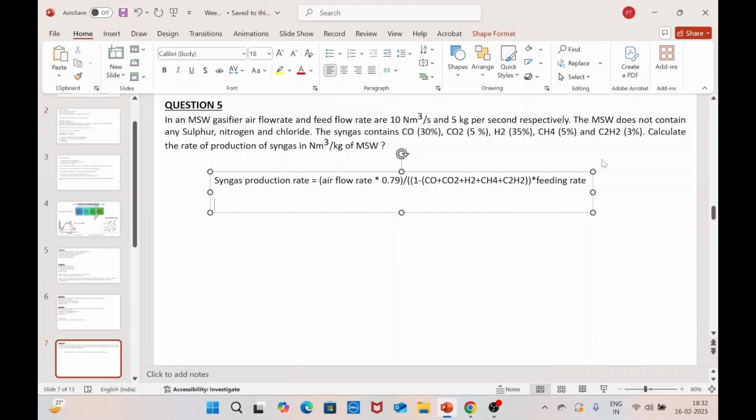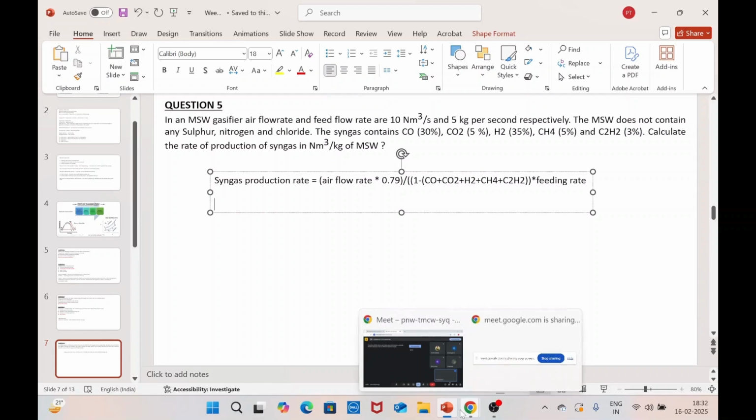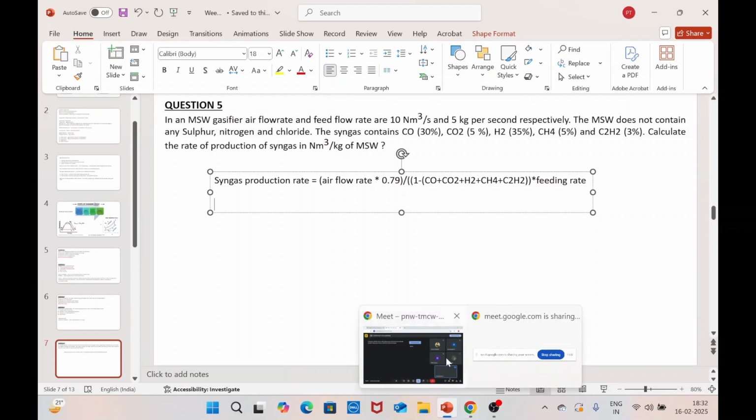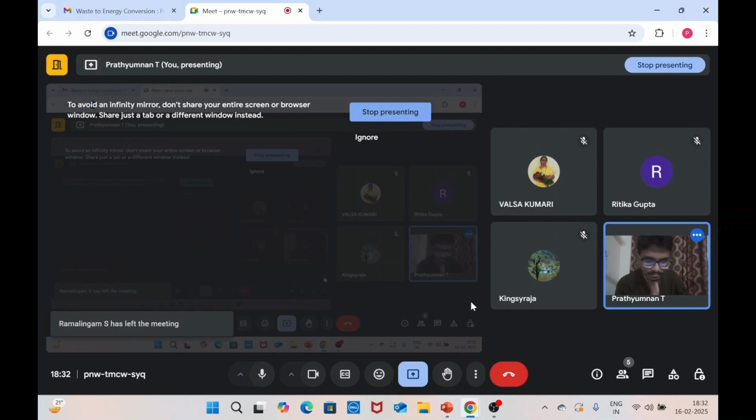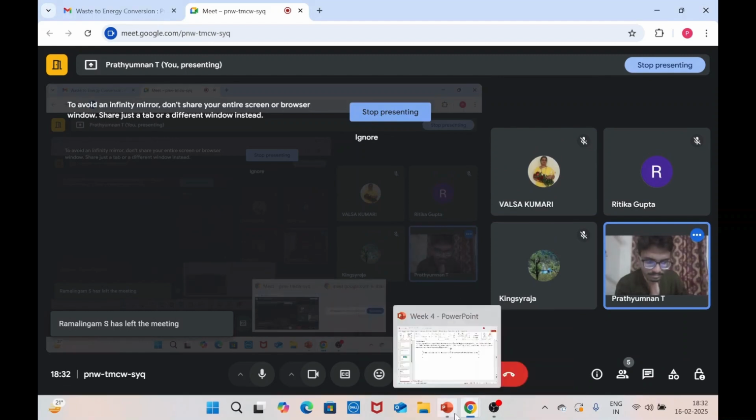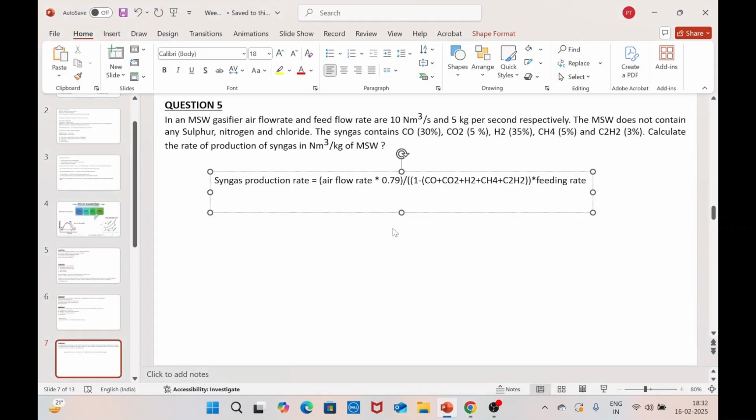Is this correct? I mean the formula. Yeah, so I have given the formula. Now I think you will be able to calculate.